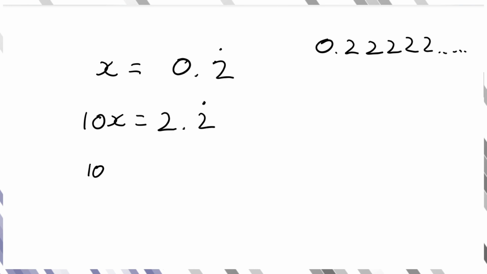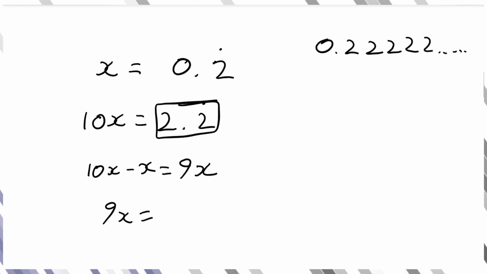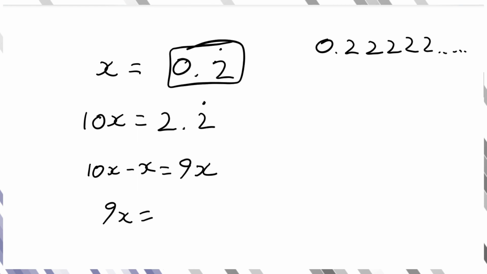Now 10x take away x, that's 10x take away 1x. If we take 1x away from 10x, we get 9x, and we can find what 9x is as a decimal by doing this 10x, now 2.2 recurring, take away 1x, 0.2 recurring.